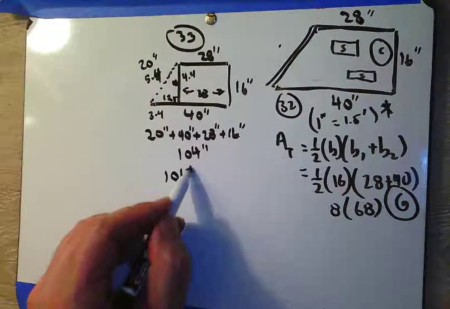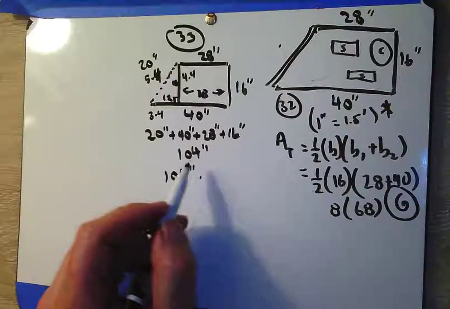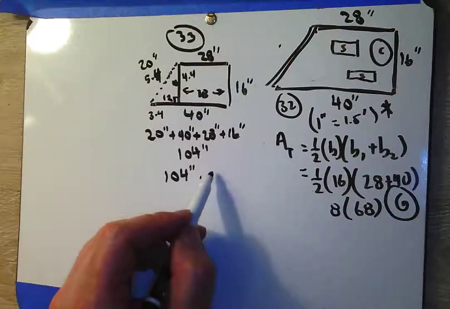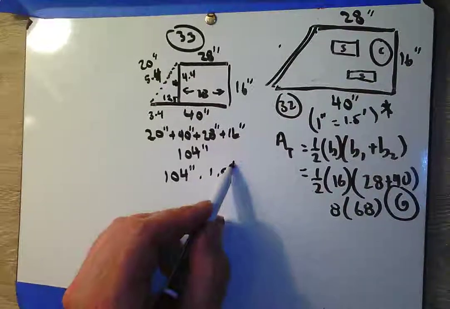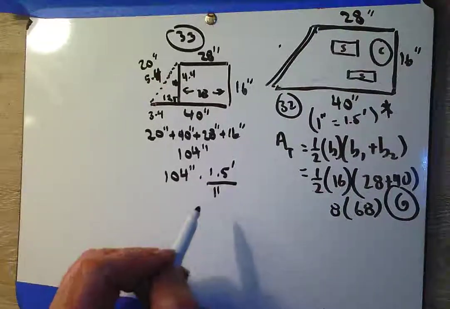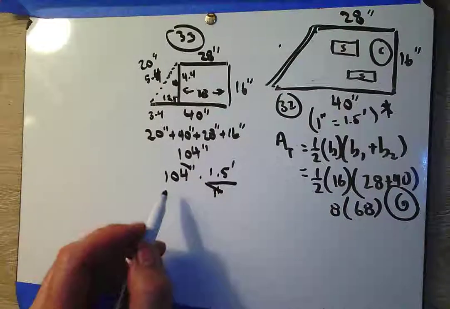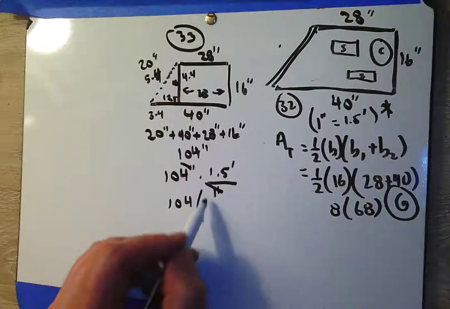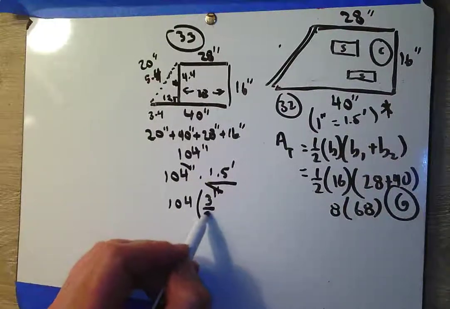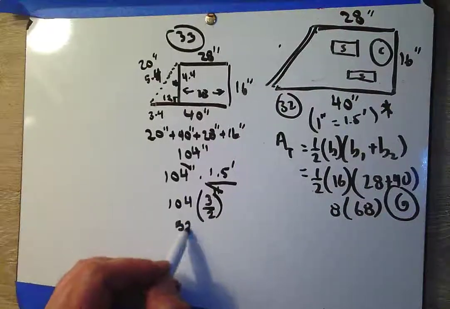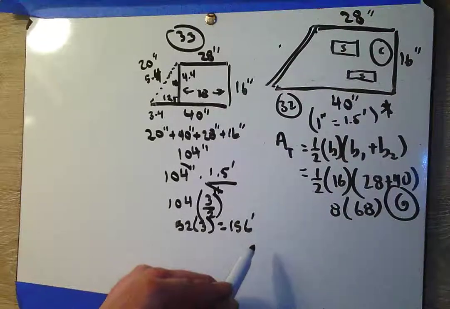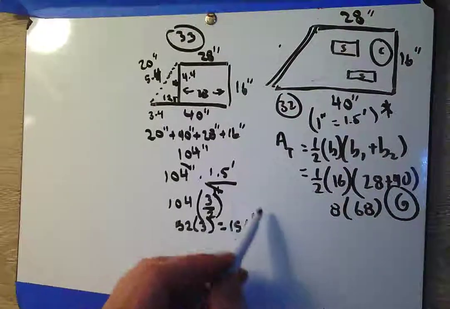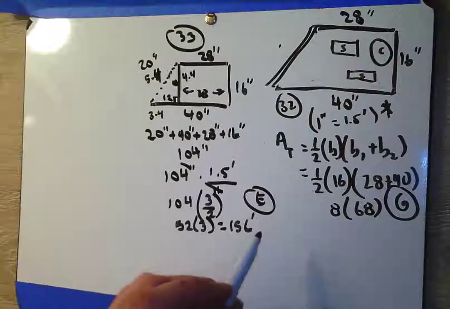So 104 inches times 1.5 feet per inch. So inches will cancel, and I'll be taking 104 and multiplying it by 3/2. That's 52 times 3, or 156 feet of fencing. That's choice E. E for number 33.